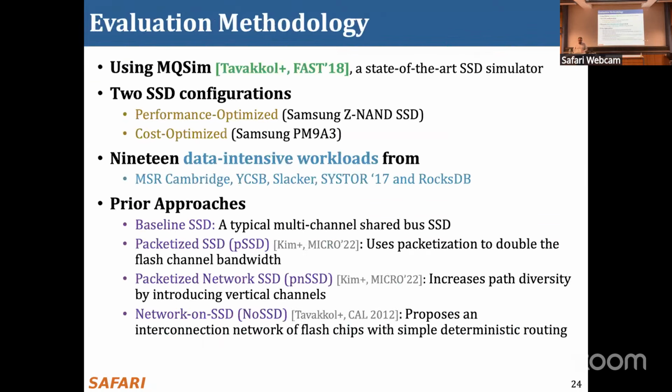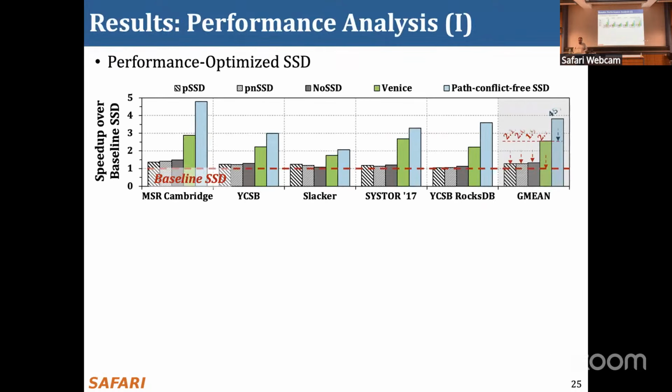But essentially, we evaluate using MQSim and compare with prior work. We observe that the path conflict-free SSD, which can ideally be built assuming that each flash chip is connected to the flash controller by an isolated channel, so if you have 64 flash chips, you have 64 channels in an idealized way, gives us a sense of how much performance we can get in an ideal way.